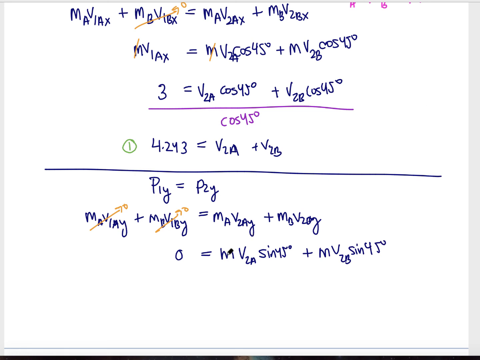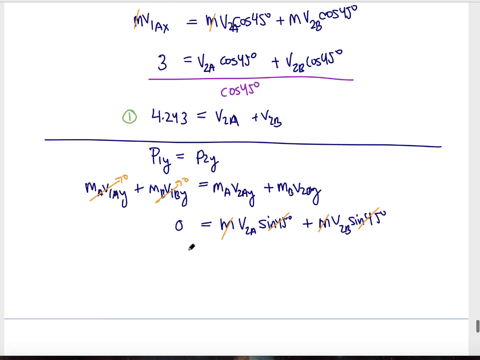All right, when you see this, you'll see now that mass cancels out, sine of 45 degrees cancels out, and what you end up with is simply that we'll write it this way first, 0 is equal to v2a plus v2b. Therefore, v2a is equal to the negative v2b. So we can take this and plug this in up here, since we have v2a and v2b.